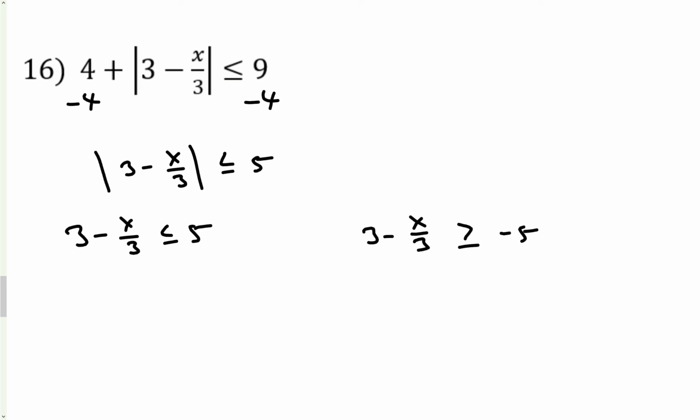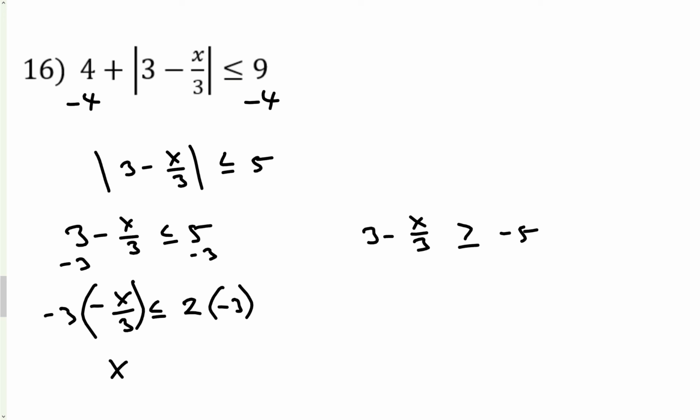Okay? So we subtract 3 from both sides. Negative x over 3 is less than or equal to positive 2. Multiply both sides by negative 3, remembering that when you multiply an inequality by a negative, you also change the sense of the inequality as well. Same thing here.